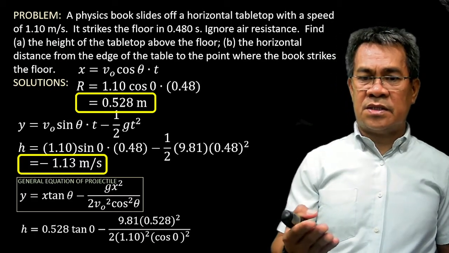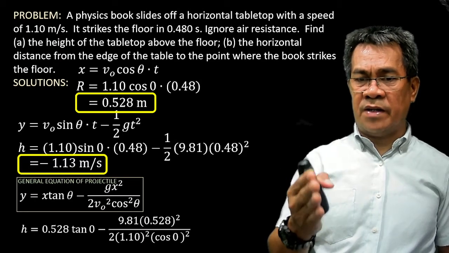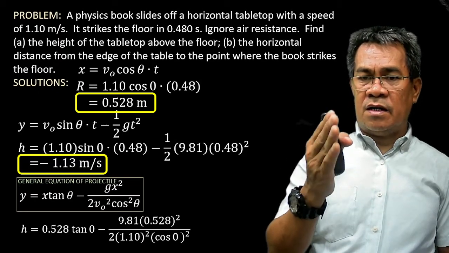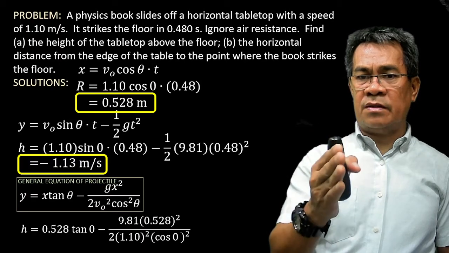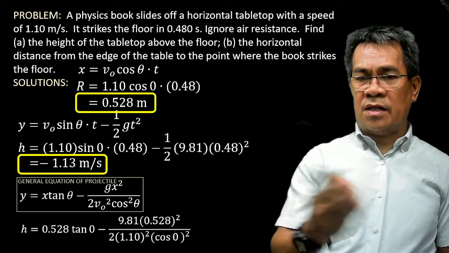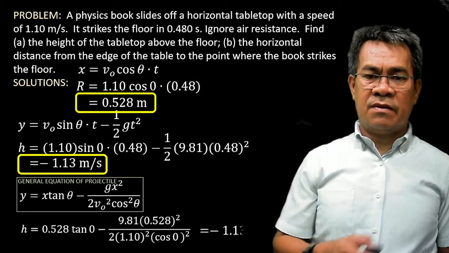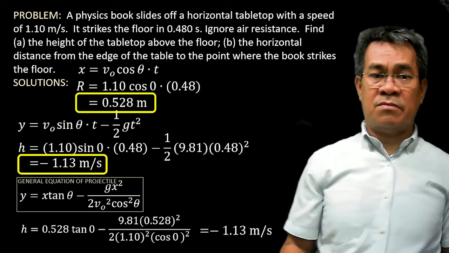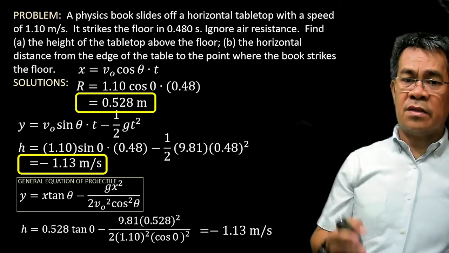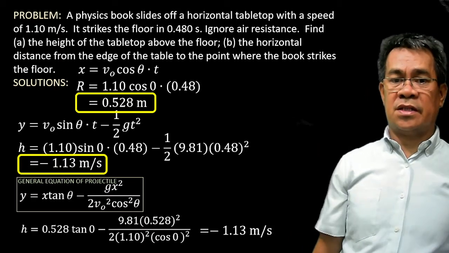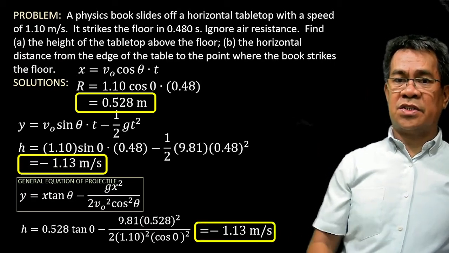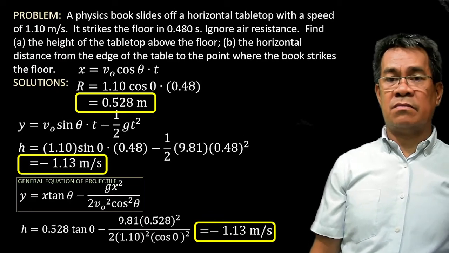So substitute x, which is 0.528 along the x-axis, into that formula, then simplify. The answer is still the same. It is 1.13 meters. So these are the answers to the problem.